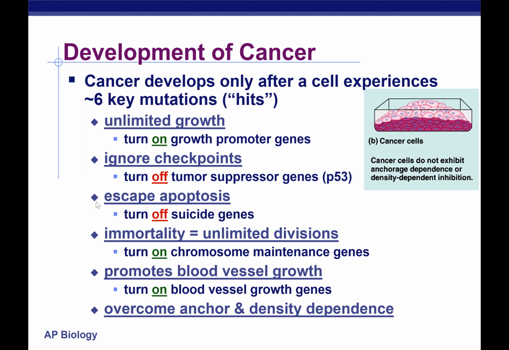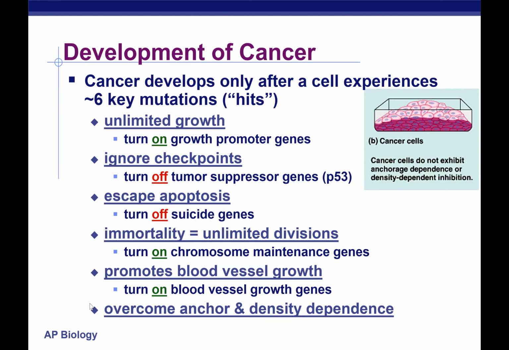Okay, and then they are also responsible for overcoming the anchorage and the density dependence of the normal cell. I told you these two properties which a normal cell possesses: that it requires anchorage or substratum to grow, and that it is sensitive to density, or the crowding of dividing cells.